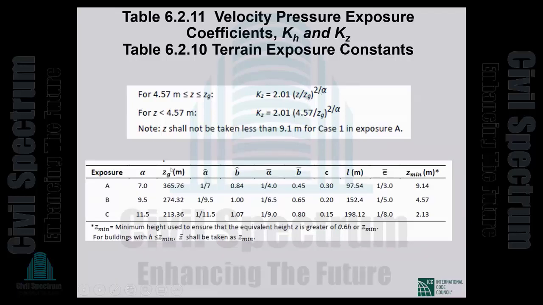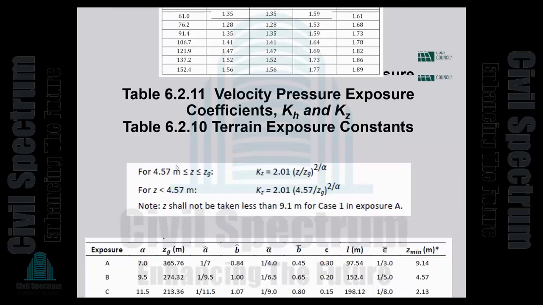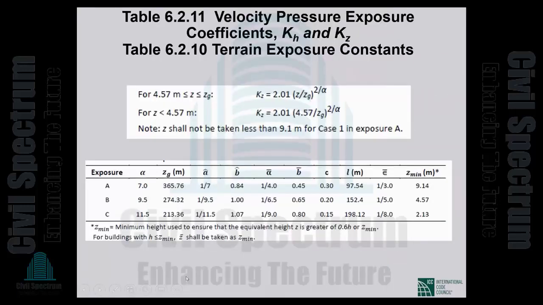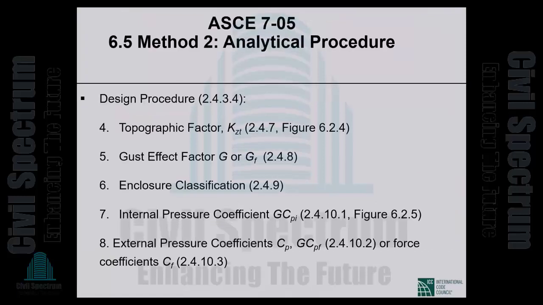Z sub G, remember, are those values for exposure categories A, B, and C. For C, it is 213 meters. And the alpha values are those for exposure categories A, B, and C: 7, 9.5, and 11.5. So we are by no means restricted to 500 feet of height. We can calculate K sub Z, K sub H at any height we like using those expressions.